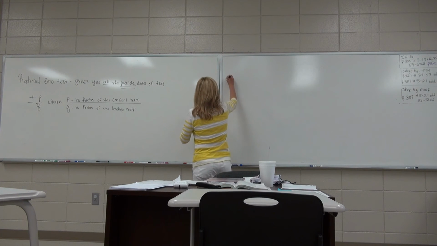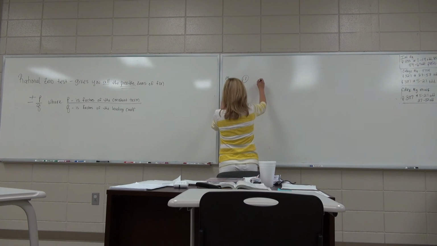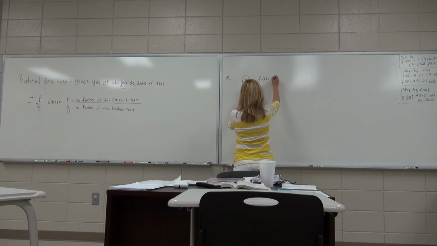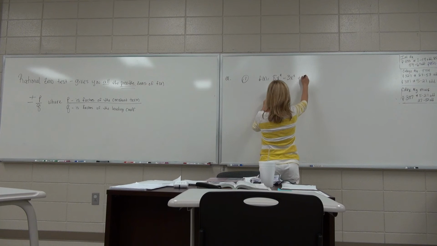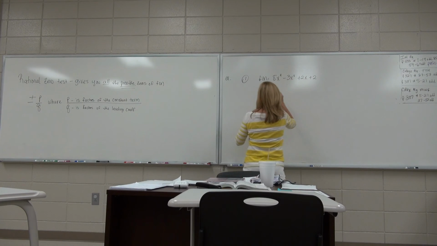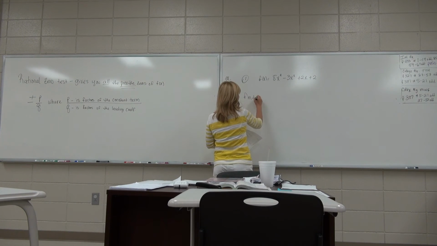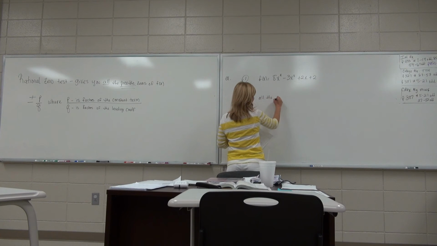So let's say, for example, number 1 here, if you're given that f of x is equal to 8x to the 4th minus 3x squared plus 2x plus 2, and you're just asked to find all the possible zeros.